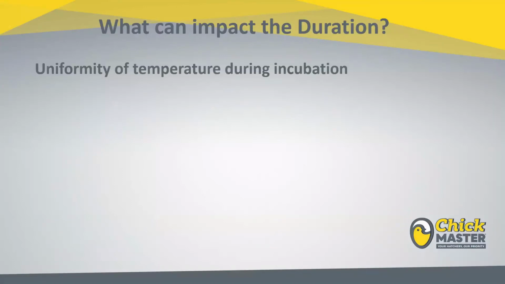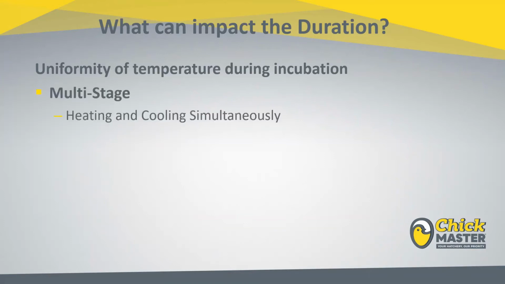So what can impact duration? The obvious one is uniformity of temperature during incubation. So in multi-stage, our classic multi-stage incubators, oftentimes we see machines that have heating and cooling simultaneously. This will obviously cause an issue with uniformity of temperature. We'll see machines that are not calibrated that cause this to happen.